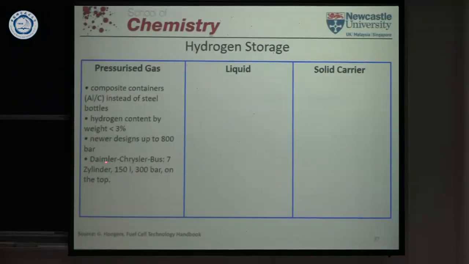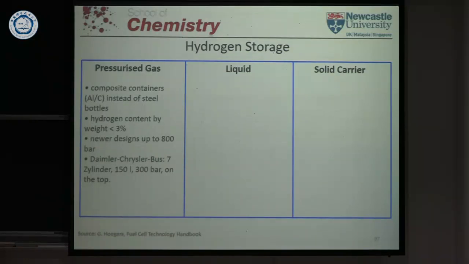Here's one example. Daimler has created a bus where they use 7 cylinders with 150 liters and 300 bars, and they have put this on top of the vehicle.